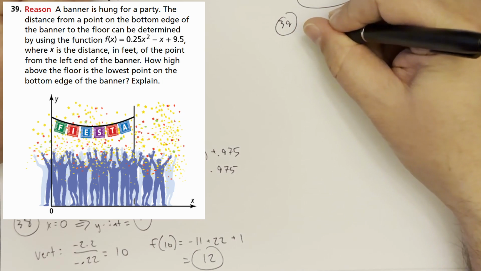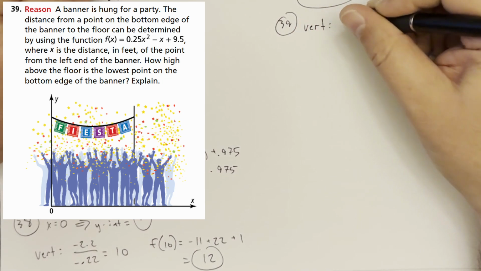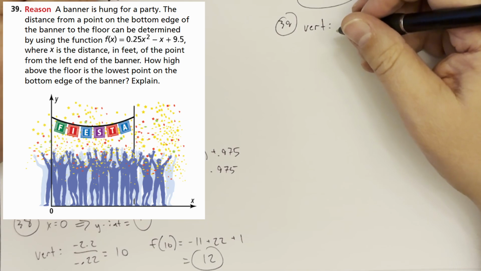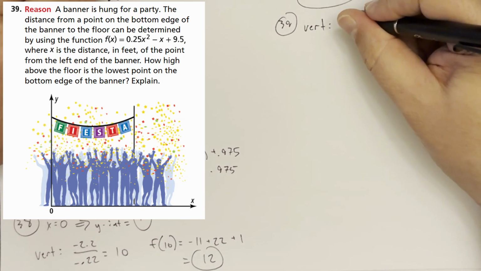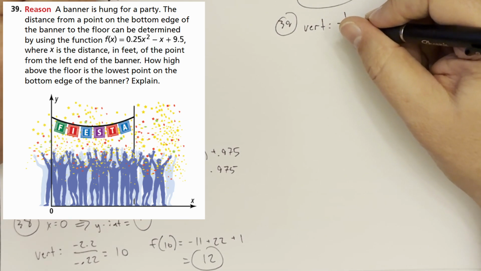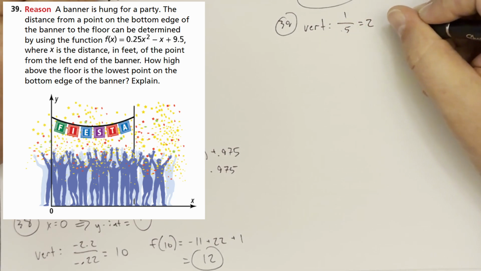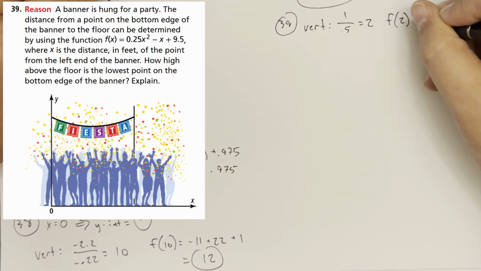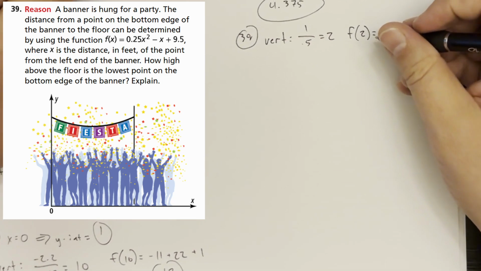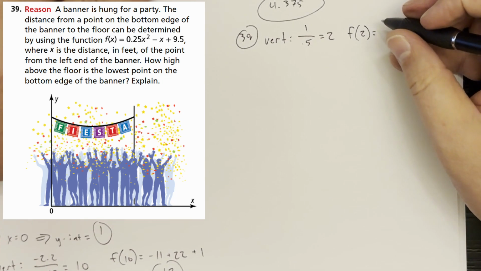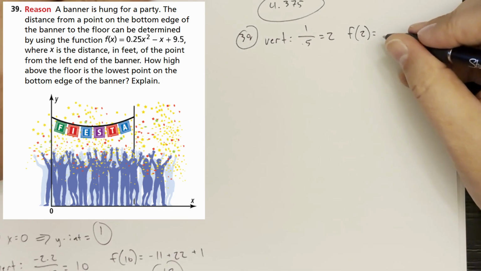We're just looking at the algebra here, and we want to find the vertex. So negative b over 2a. So negative negative 1 is 1. A is 0.25 times 2 is 0.5, so that's 2. And then we find the function of 2. 2 squared is 4 times 0.25 is 1.